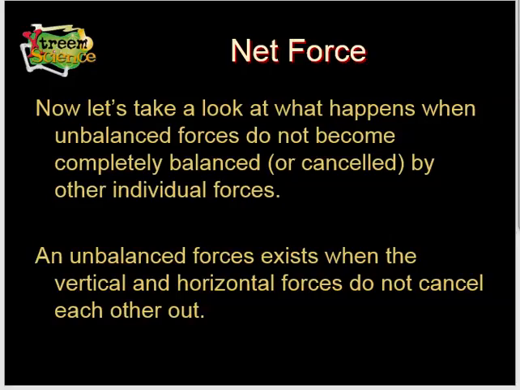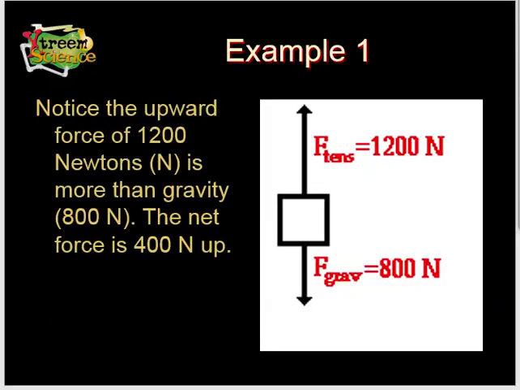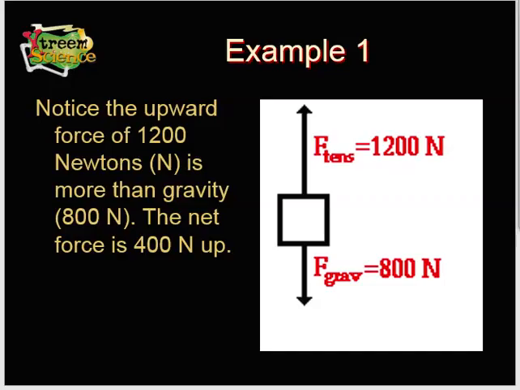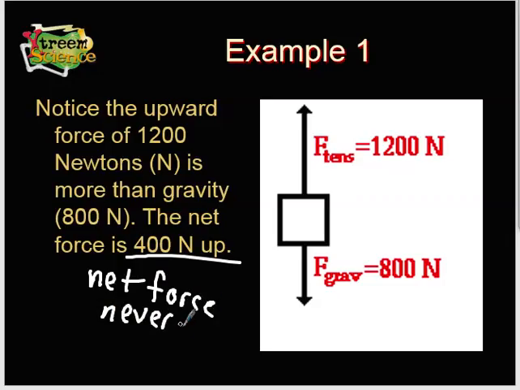Okay? So, if I look at a problem, if I have this particular problem, there's a tension of 1,200 newtons up and a weight of 800 newtons down. That means there's going to be a net force going up of 400 newtons. Now, net force is never drawn on a free body diagram.